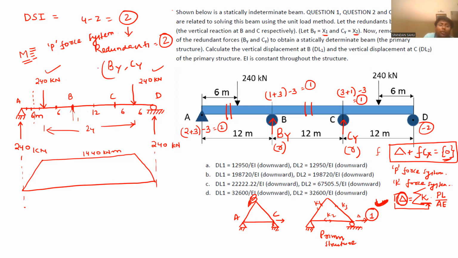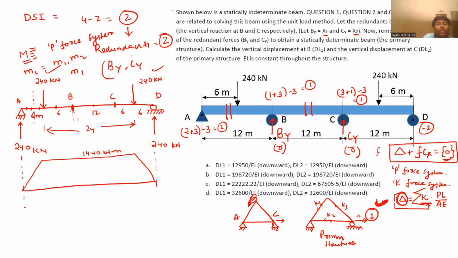Now, remove the external loads and apply one redundant, make it unity, and draw the bending moment diagram. If there is more than one redundant, you have to consider mi, where i is the number of redundants. If two redundants, m1, m2. If one redundant, it will be m1 or simply m.